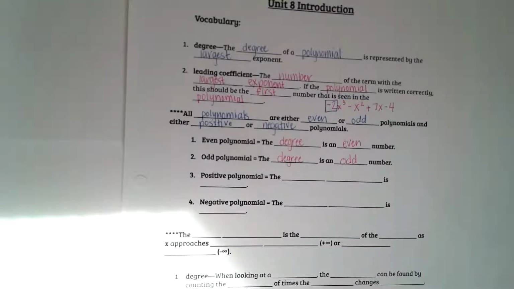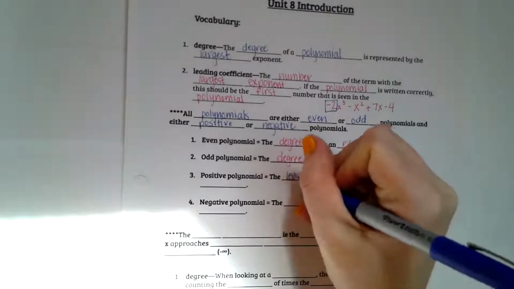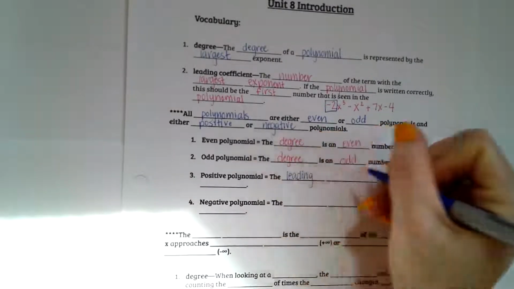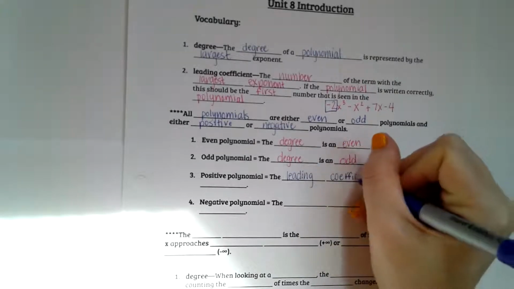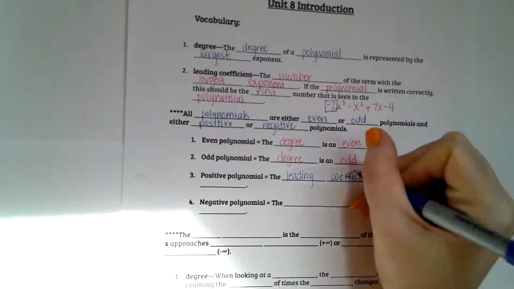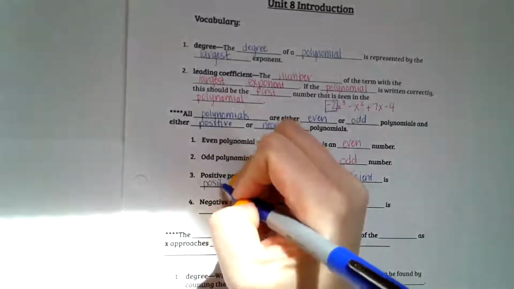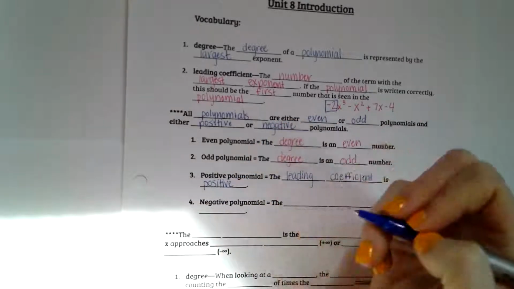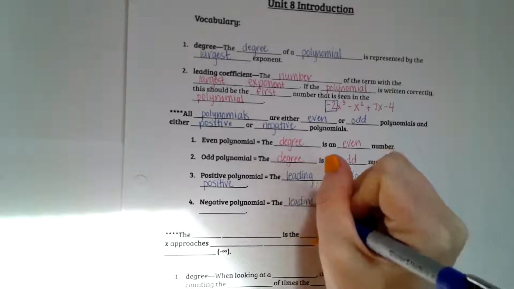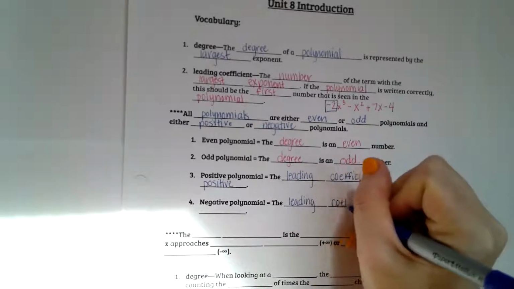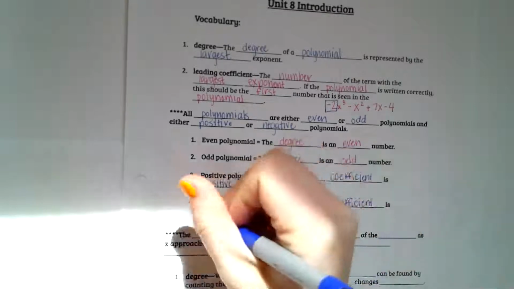Then a positive polynomial is when the leading coefficient is positive, and a negative polynomial is when the leading coefficient is negative.